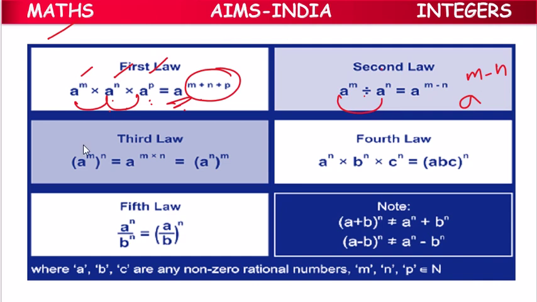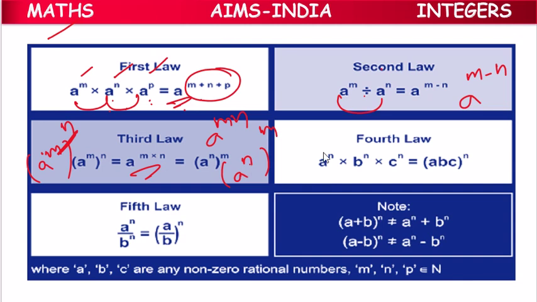Third law, power of power, a power m whole power n equals both the powers multiplied, a power mn. Or we can exchange the places, a power n whole power m. Like that also we can write.